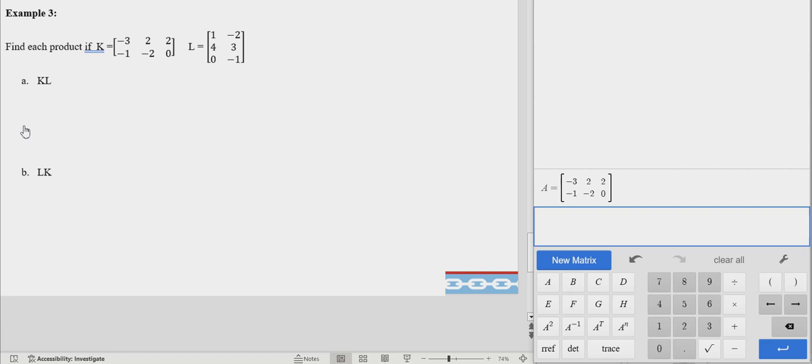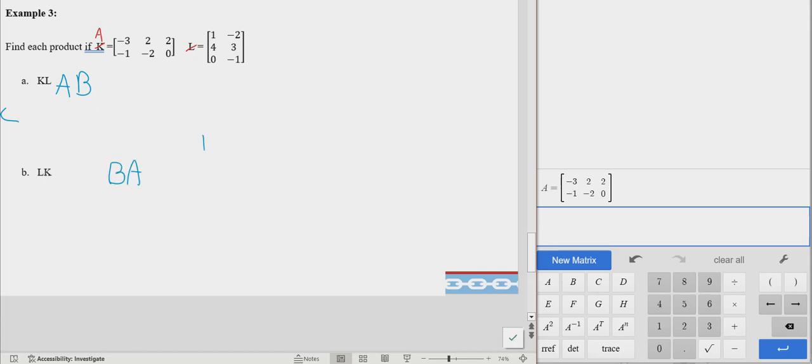So for example 3, I already have our first matrix entered into the calculator. One thing, for some reason, our notes use K and L. Our calculator won't go that high, so we're just going to rename these as A and B. So this first one will be A times B, and the second one will be B times A. So I have A entered in already.